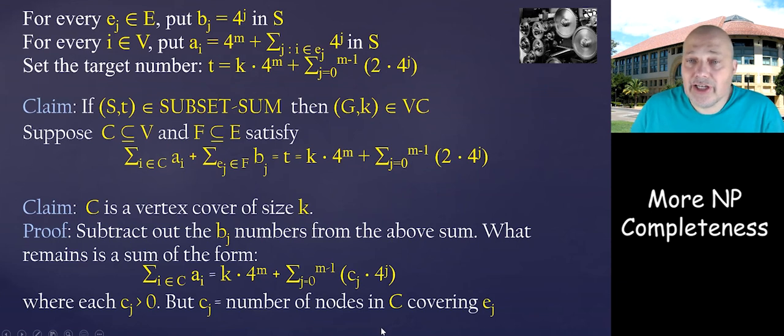So Cj is larger than 0. It's either 1 or 2. And what does it mean? It means that all the vertices touch.